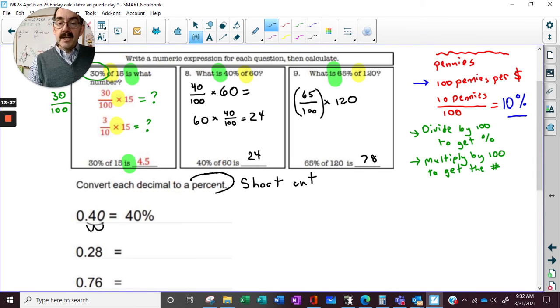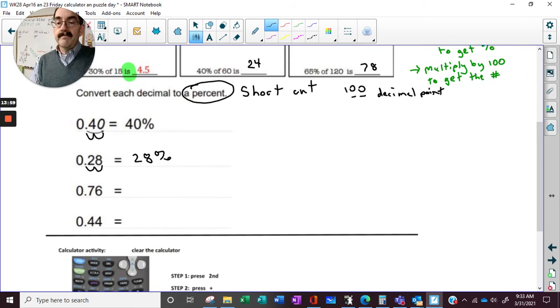Percent, 100, 2 decimal points. Nothing wrong with that. Move it over to 40%. Move it over to 28%. Pause the video and you guys do it.